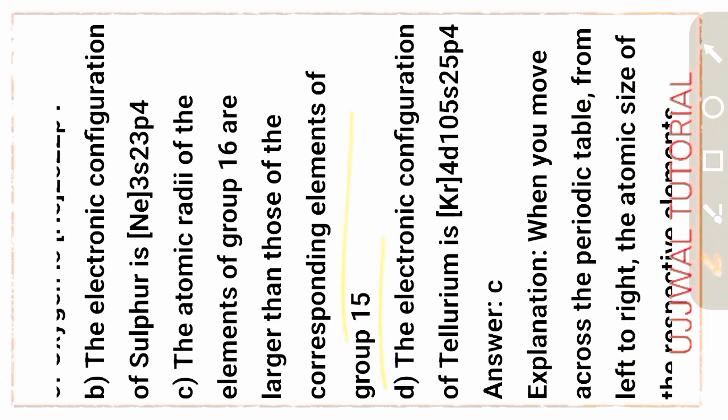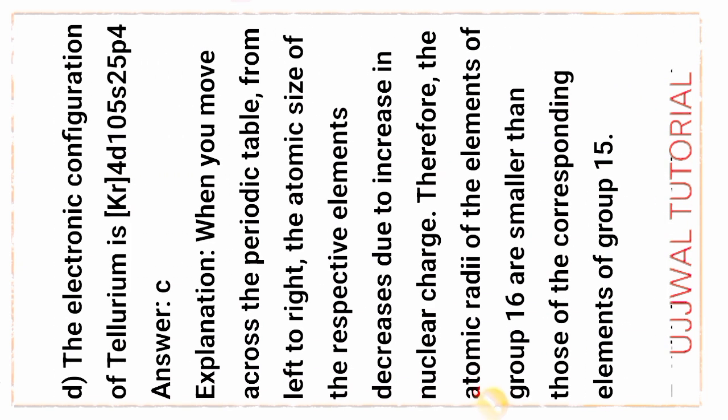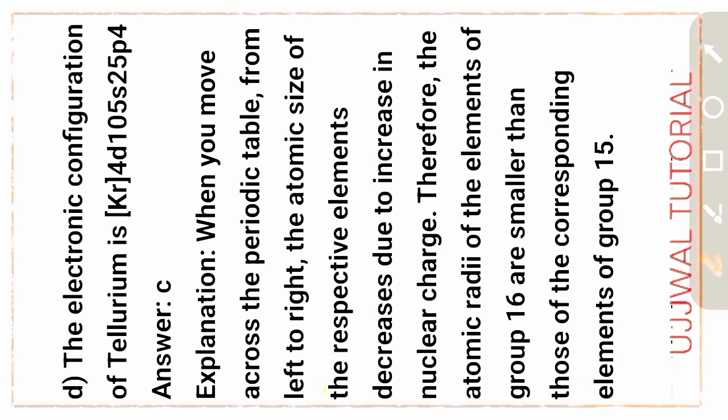To explain this part, when you move across the periodic table from left to right, the atomic size of the respective elements decreases due to increase in nuclear charge. Therefore, the atomic radii of the elements of group 16 are smaller than those of the corresponding elements of group 15.